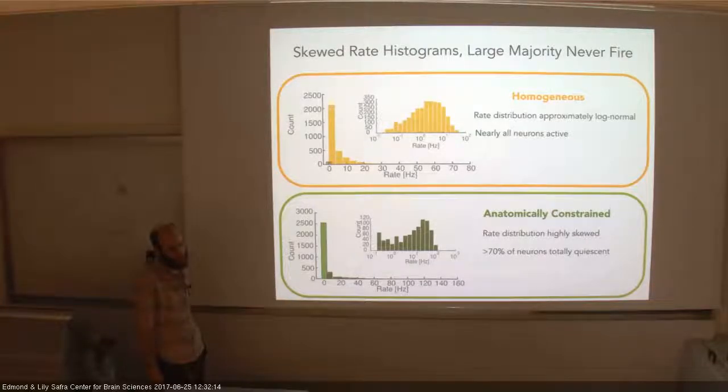Those that receive more inputs will receive on average a larger DC, closer to the threshold. Those that receive less input will be further away from the threshold.